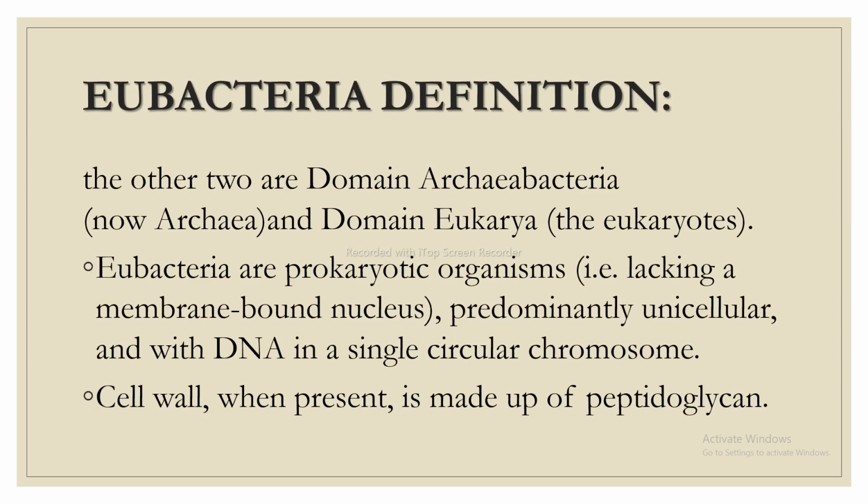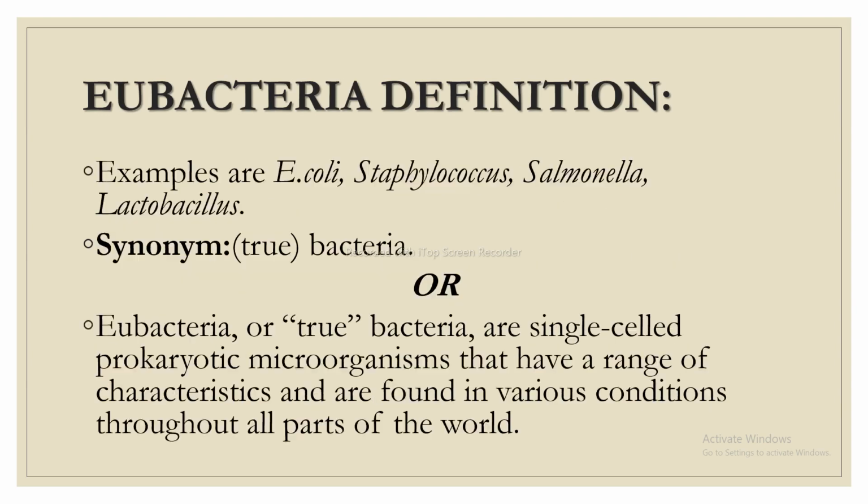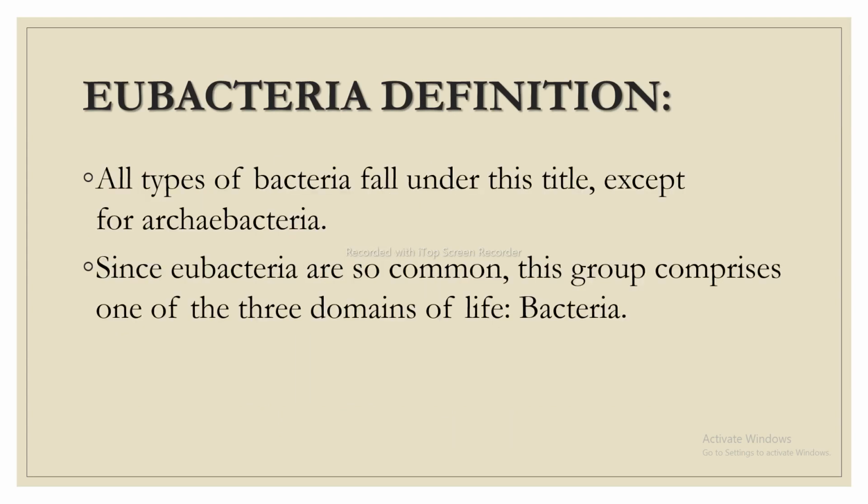Cell wall, when present, is made up of peptidoglycan, and examples are E. coli, Staphylococcus, Salmonella and Lactobacillus. And a synonym is true bacteria. Eubacteria or true bacteria are single-celled prokaryotic microorganisms that have a range of characteristics and are found in various conditions throughout all parts of the world.